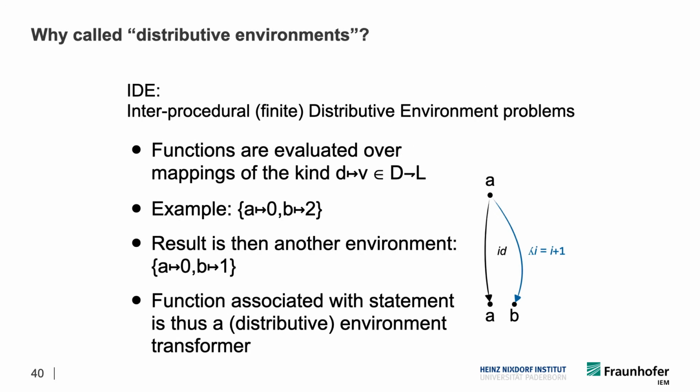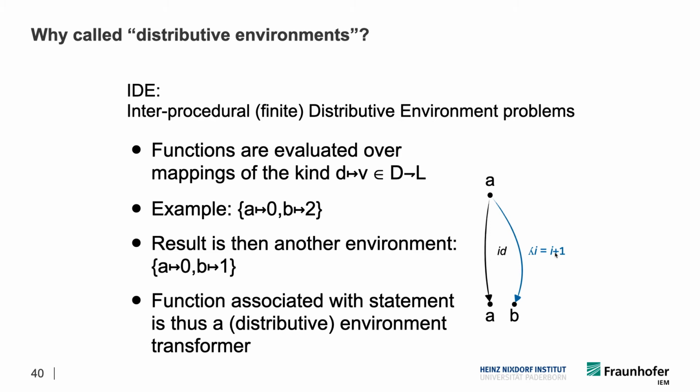And sometimes students also ask me, okay, but why is this framework actually called interprocedural distributive environment problems? Where are the environments? And you may not see this at first if you only think about this in terms of these micro functions and the jump functions and how they are labeled with these edge functions here.